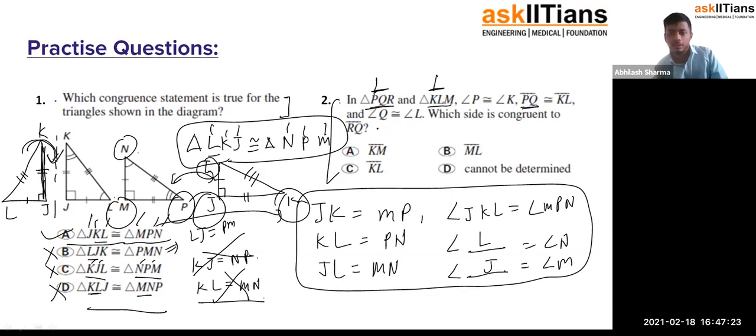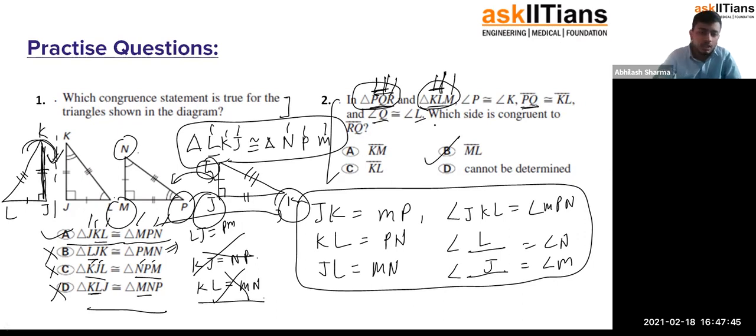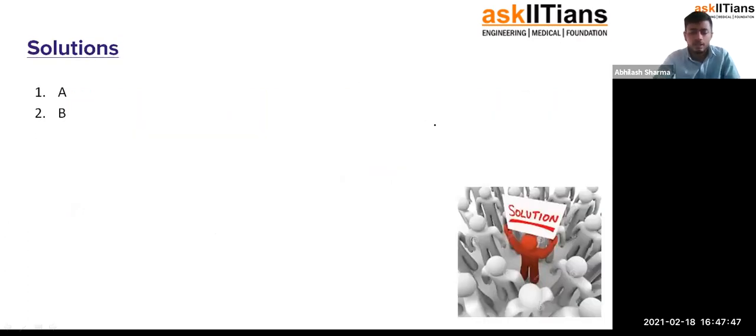So correctly they have taken, and angle Q equal to angle L. Okay. So clearly they are already named correctly because all corresponding parts are holding correctly. So RQ length would be equal to ML. So ML will be the correct answer. So I hope this is clear to you. Let us have a look at the answers. Option A and option B, which is correct. Now let us also have a look at the trick way.